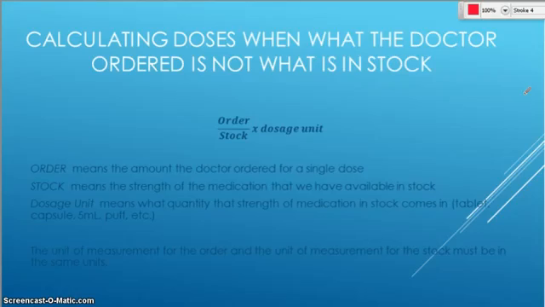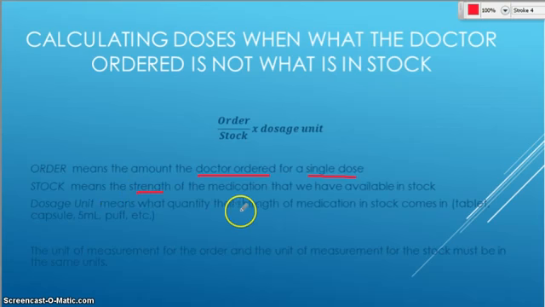So a couple of reviews, just some information about the formula. The formula is order over stock times the dosage unit. Order refers to the amount that the doctor ordered for a single dose. So it's what the doctor said for one dose. Stock means the strength of the medication that we have available. So it's the strength.